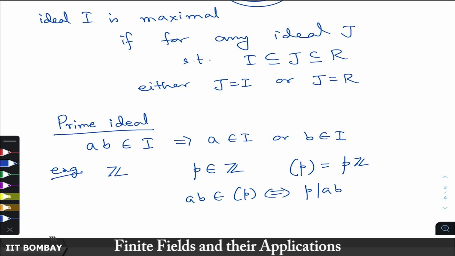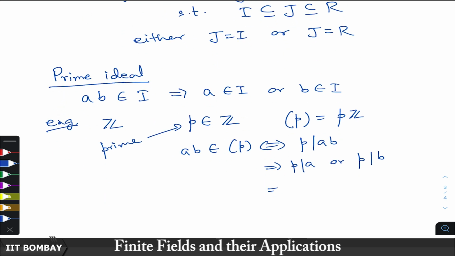Then because p is a prime number, it must happen that p divides either A or B. So, we know that p divides A or p divides B, which means that either A is in the ideal generated by p or B is in it.